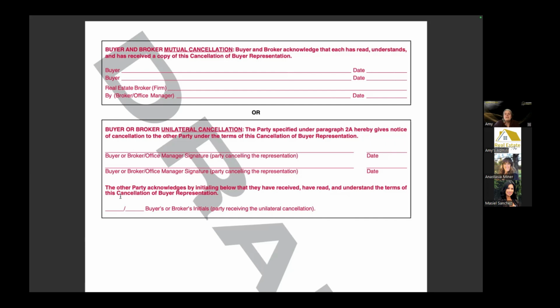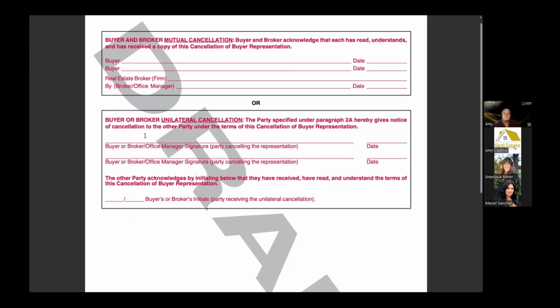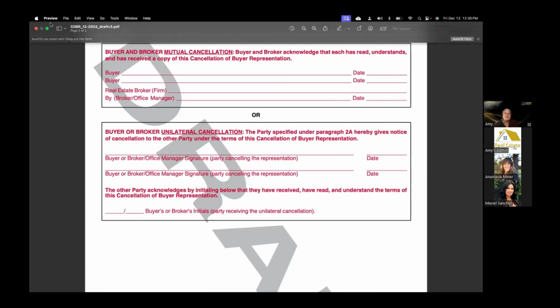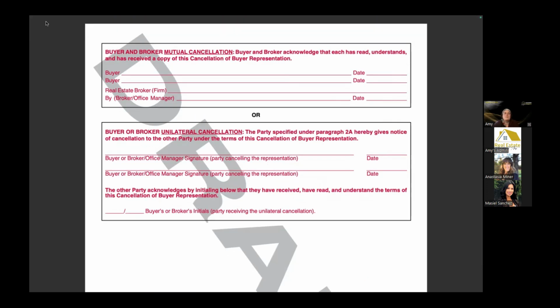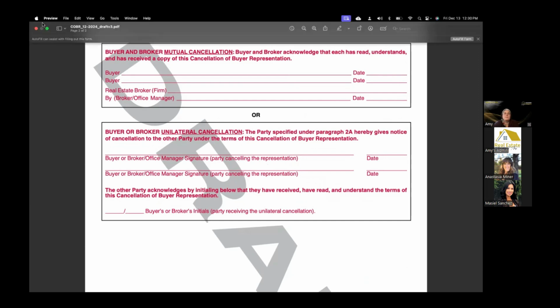The other party can initial here, saying that, hey, we received it. It's not going to be required though. It would still be canceled as long as they're within their rights under the BRBC or the PSRA. All right, any questions there before we move on? That's the cancellation of buyer representation form, the COBRA form.